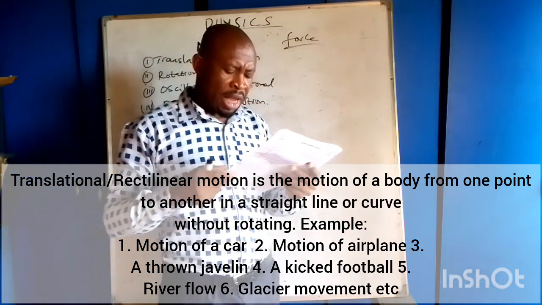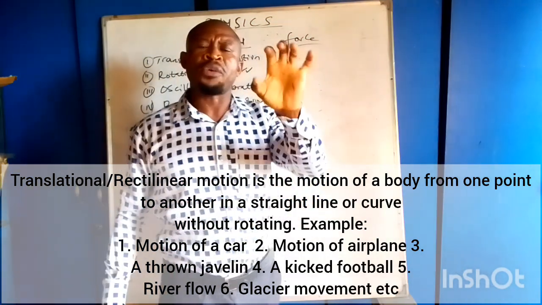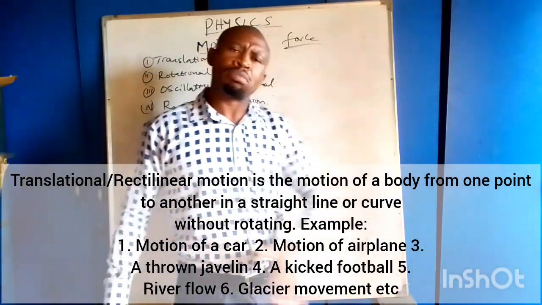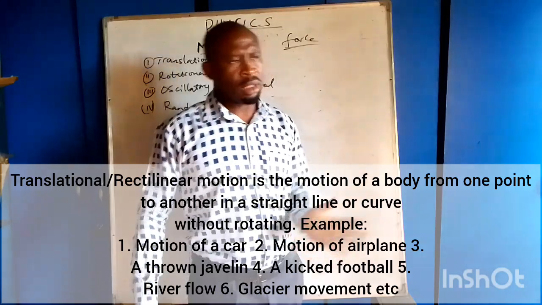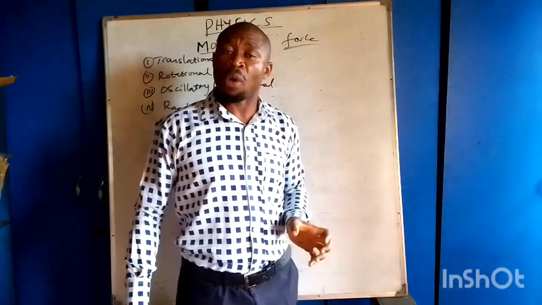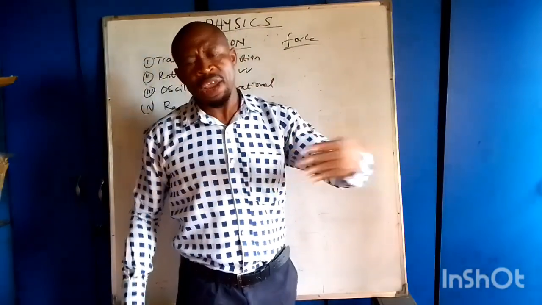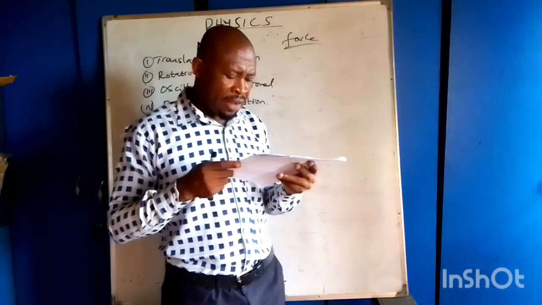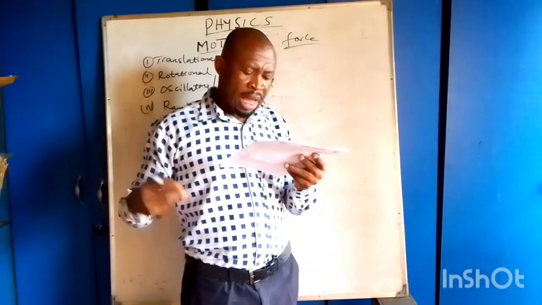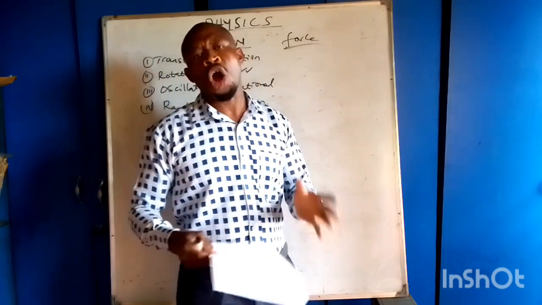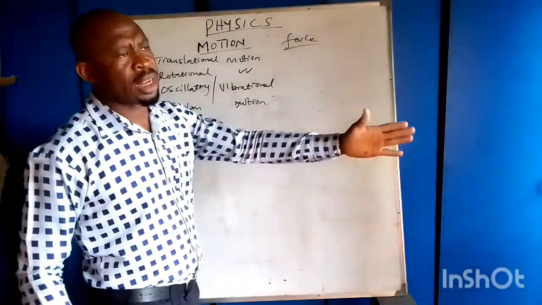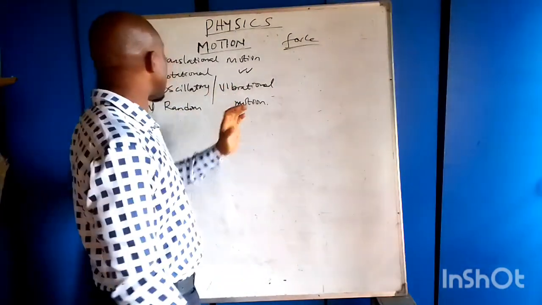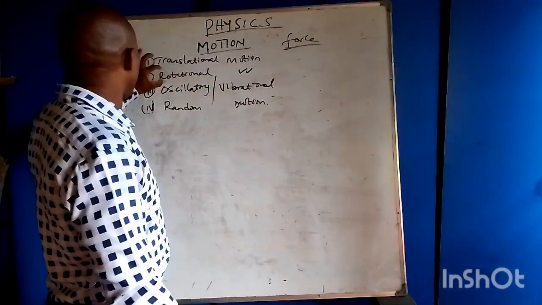Now we can have the flow of a river. A river always flows in a straight path, or it can be a crooked path. However, it must not rotate. We still have the movement of a glacier and all the rest of them. So once we have a movement along a straight line, what we have is translational motion.